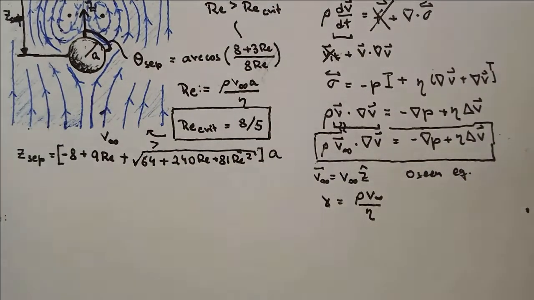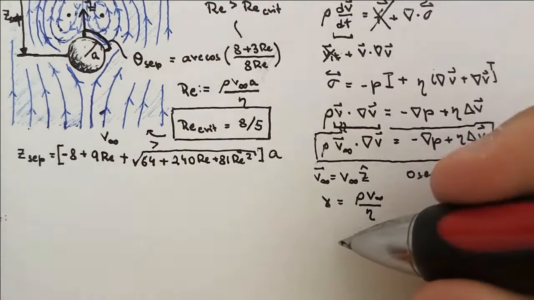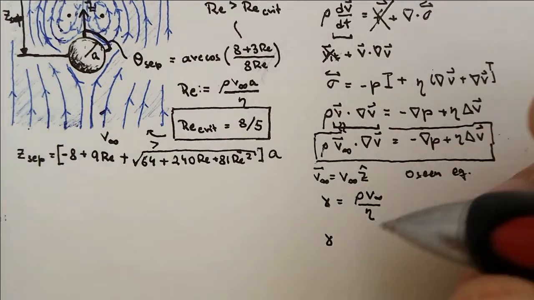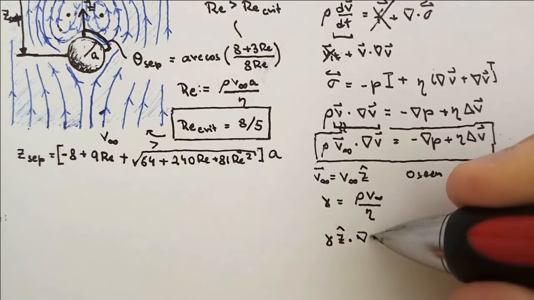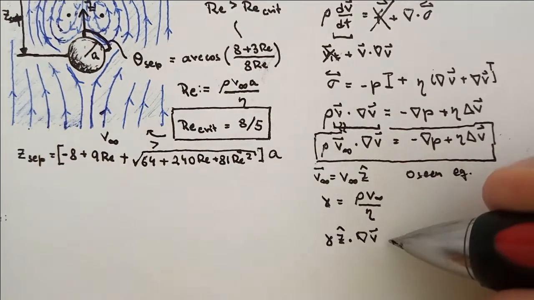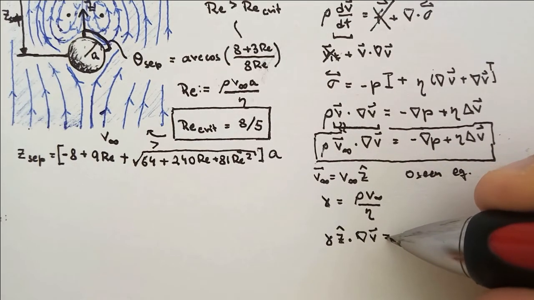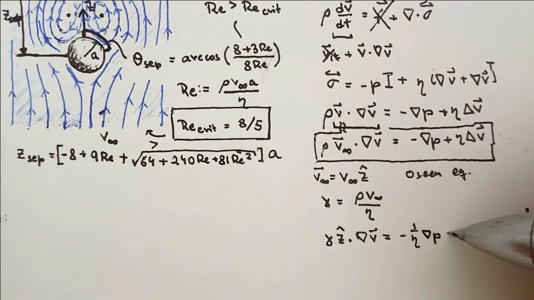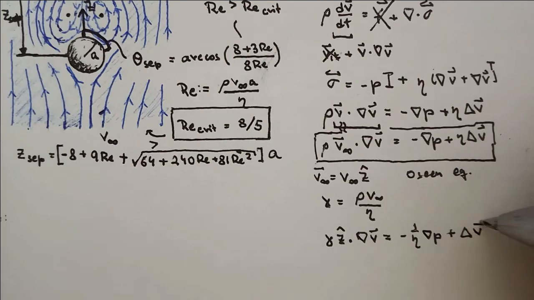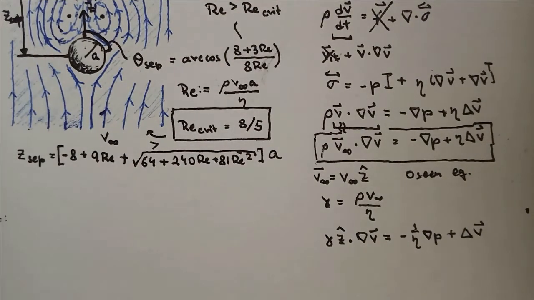So the equation will be this one: gamma z hat dot gradient of v is equal to minus 1 over eta gradient of p plus Laplacian of v. This is the equation.